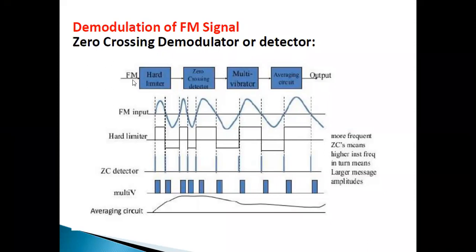This is the zero crossing demodulator or detector. We are mixing as FM input and FM output. This is one limiter, this is the zero crossing detector, and this is the multivibrator. Whatever multivibrator we require will be treated here. Here we are considering an averaging circuit, and finally we can get the output.